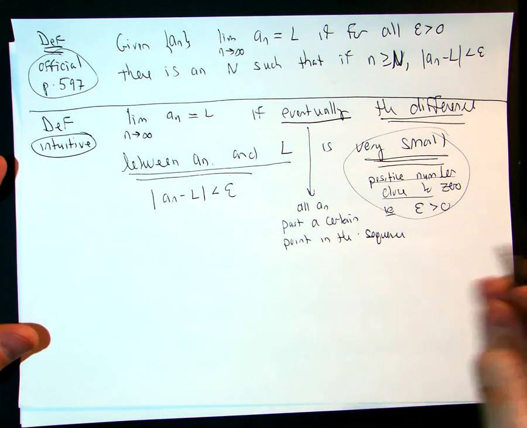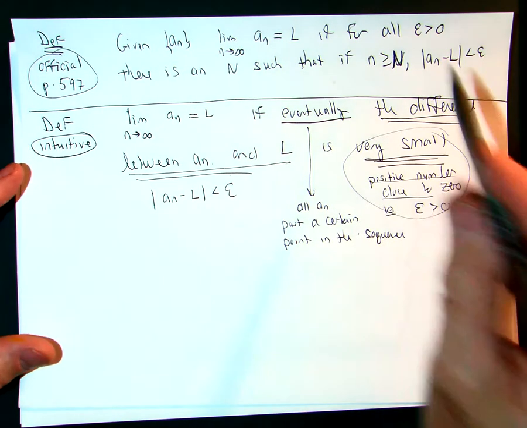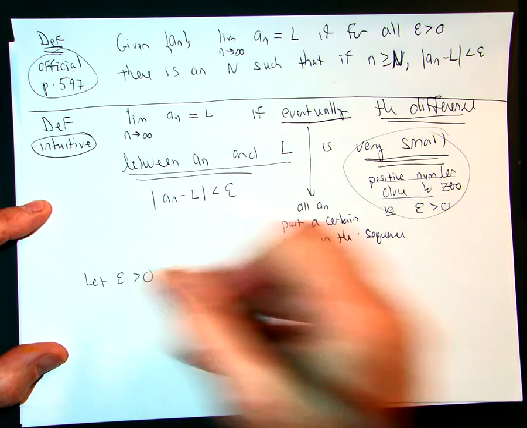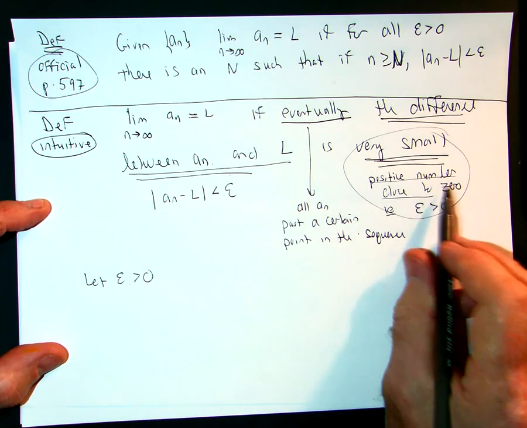So first, we're going to say let epsilon be greater than 0. That gives us our very small number.